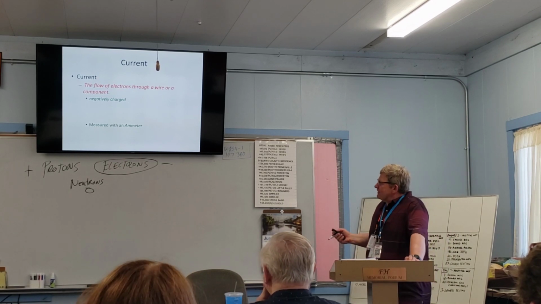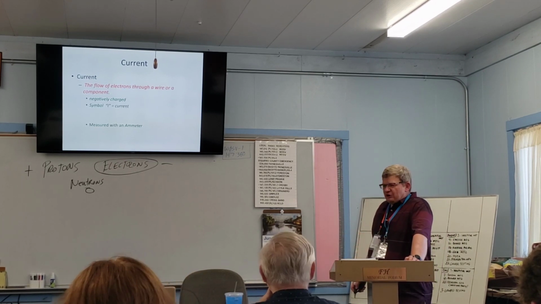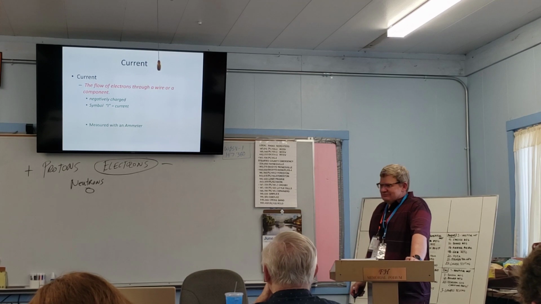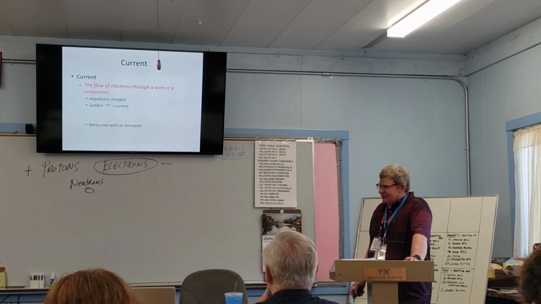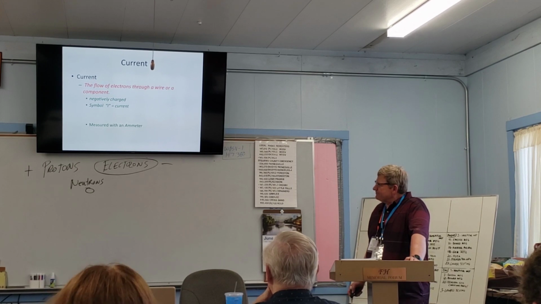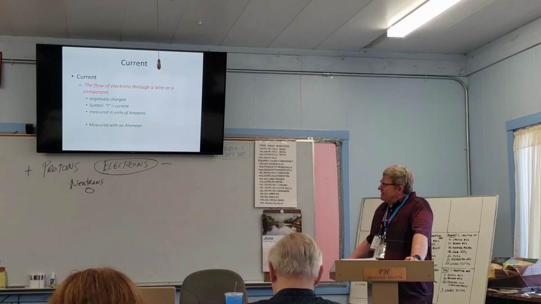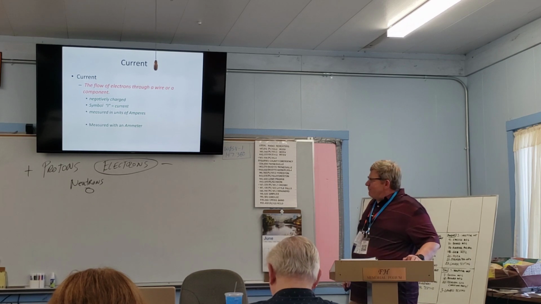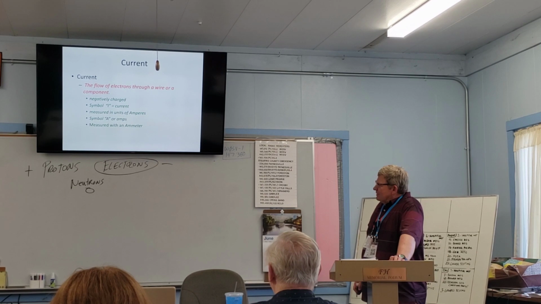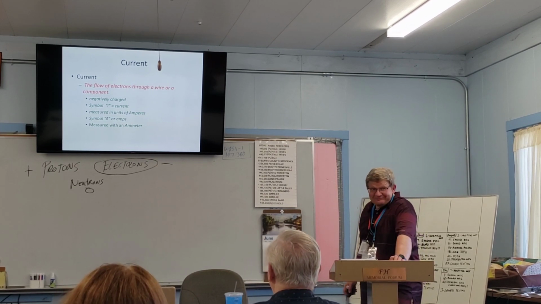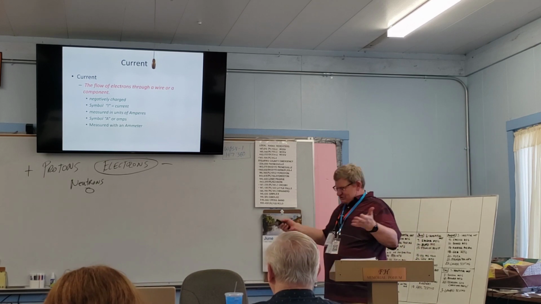All right. The symbol for current is I. I stands for current. Uppercase? Yes, uppercase. And it's measured in units of amperes, which has a symbol of A or amps. So far, pretty logical, right?